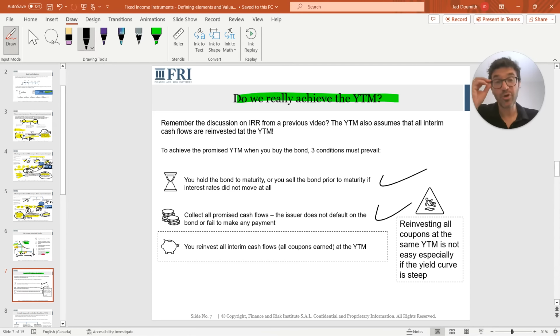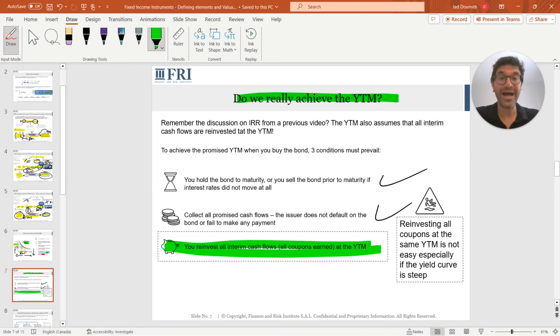To achieve the promised yield to maturity, you need to reinvest every interim cash flow at the promised yield to maturity. I refer you back, guys, to the previous video on IRR that I hope that you watched. If not, I invite you to do so. Because one of the problems of IRR is that it assumes that all interim cash flows are precisely reinvested at the IRR.